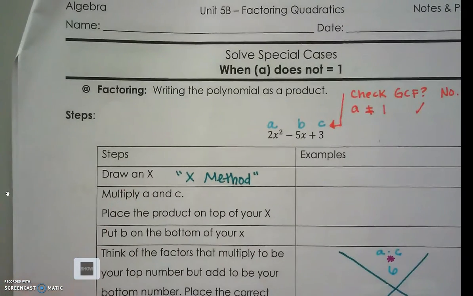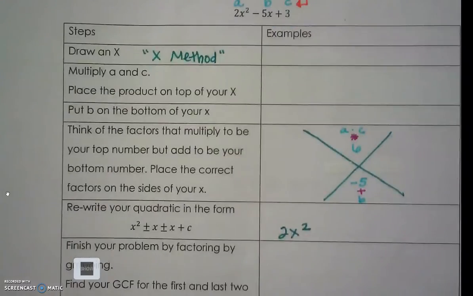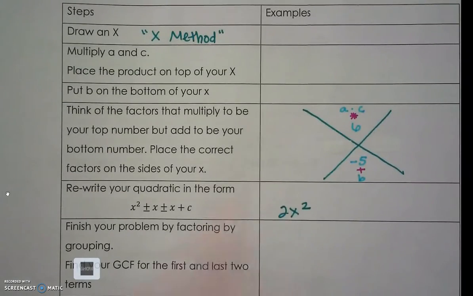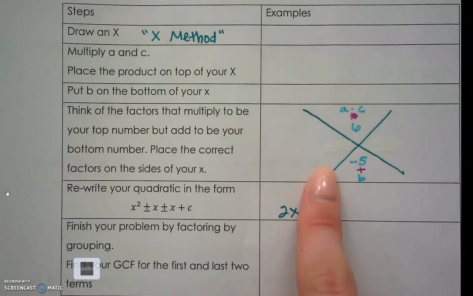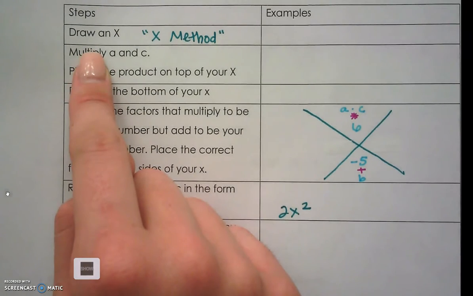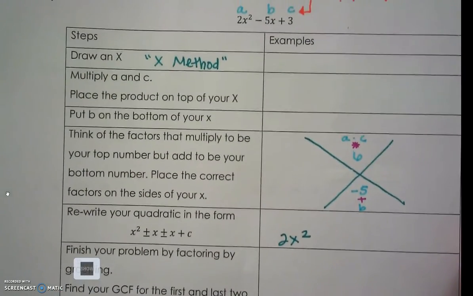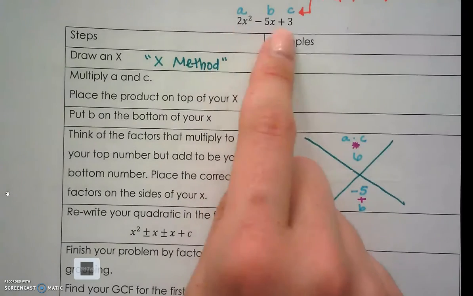In this X method, I'm going to scroll down here. Some of my work is already shown. We draw this X. At the top of my X, I'm going to multiply A times C. If you can see the equation back up here, that's the first and the last term.